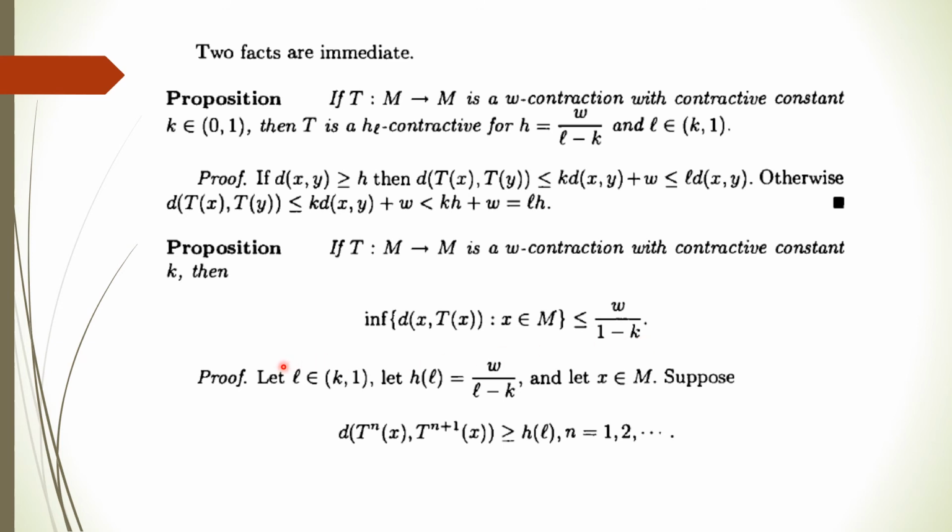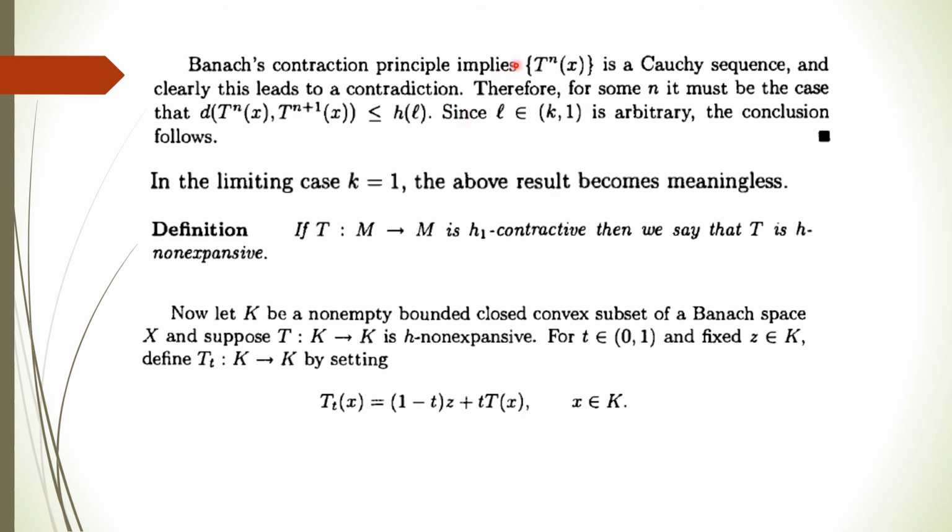So let L be a number which belongs to the open interval (K, 1), and depending on this L, let's suppose we have an h which is W upon L minus K. Now x is any member of M, and suppose that this distance is greater than or equal to hL. So the distance between two consecutive iterates is greater than or equal to hL, and this contradicts the Banach contraction principle.